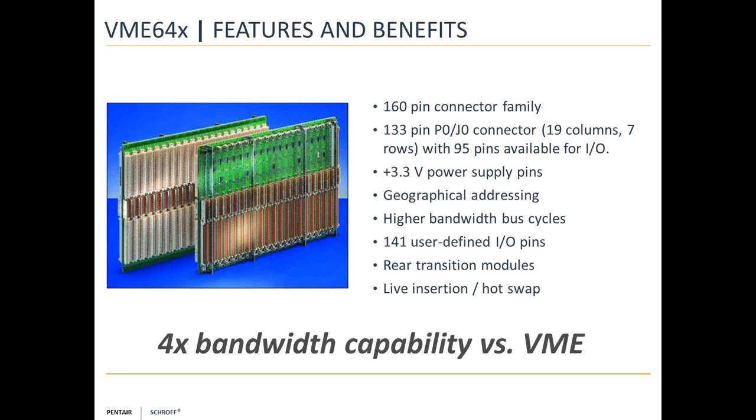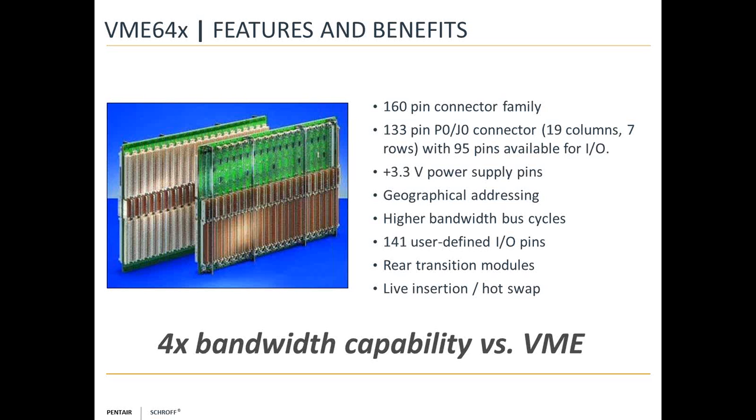It adds new capabilities such as a new 60-pin connector family, a 95-pin connector, and 3.3-volt power supply pins. It supports geographical addressing and has higher bandwidth bus cycles, up to 160 megabytes per second. It has 141 more user-defined I/O pins and rear plug-in units, or rear transition modules.